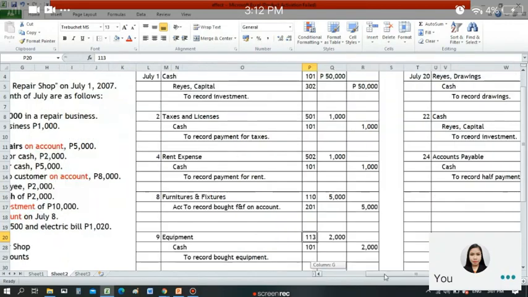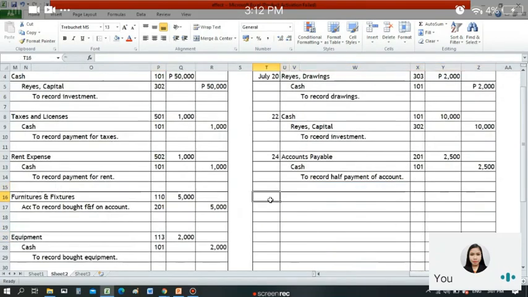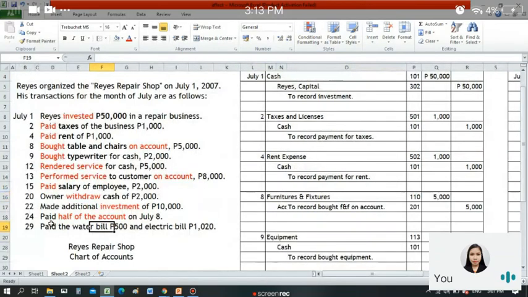So, again, space, and then 29. Paid the water bill 500 and electric bill 1,020. Take note, there are two amounts stated in our transaction on July 29, but you must analyze whether they are the same account titles or not.